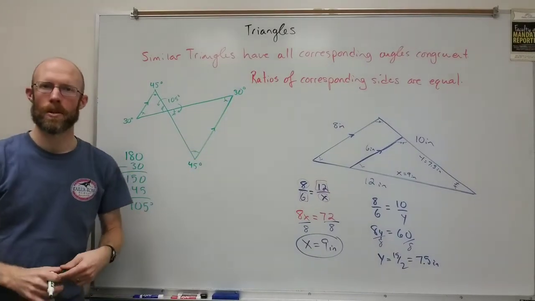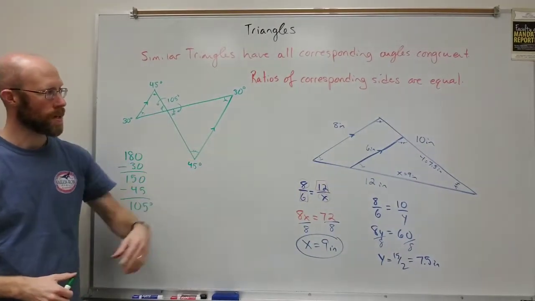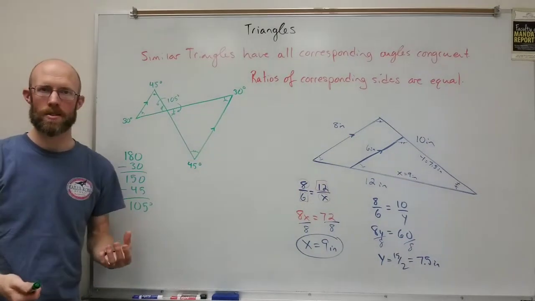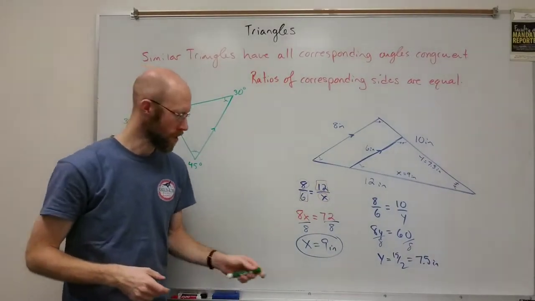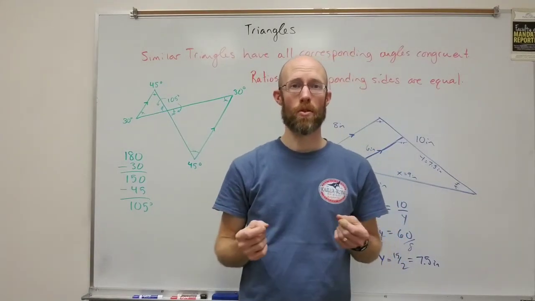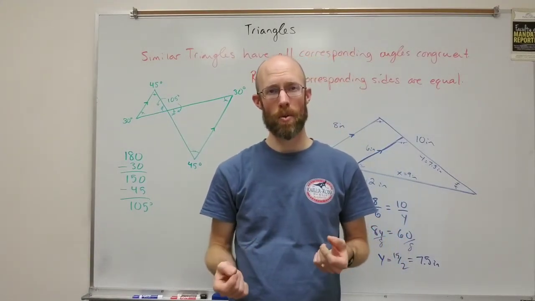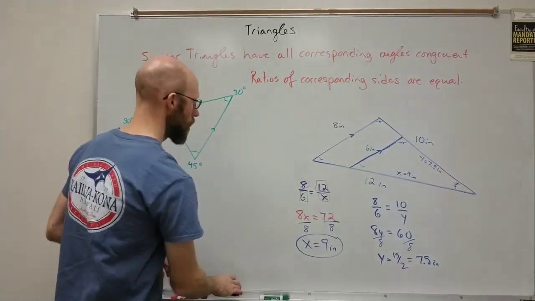Okay, so we can find corresponding angles and corresponding side lengths when they're missing based upon these two main properties, that the corresponding angles are congruent and ratios of corresponding sides are always equal. From there, we can even do some applications.